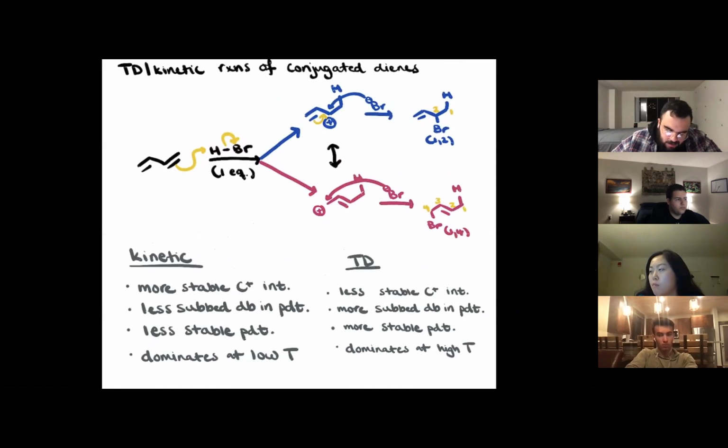We see our less substituted double bond in our product here and our more substituted here. Okay, so because of that, we could say that this one is going to be our kinetic product and our red one is going to be our thermodynamic product. Okay, you just go and then you check off all the criteria that we have there. It applies pretty nicely.